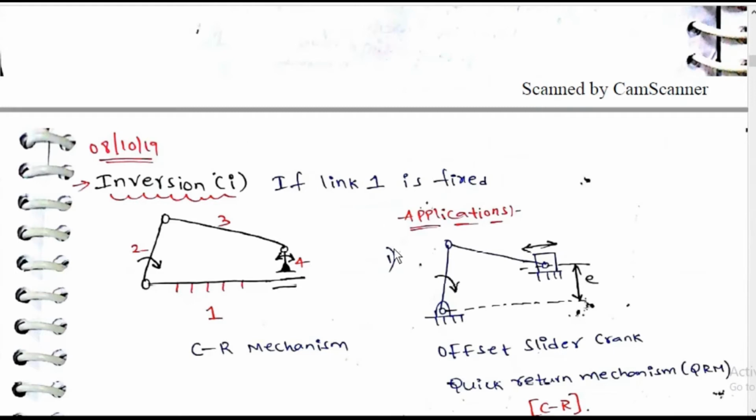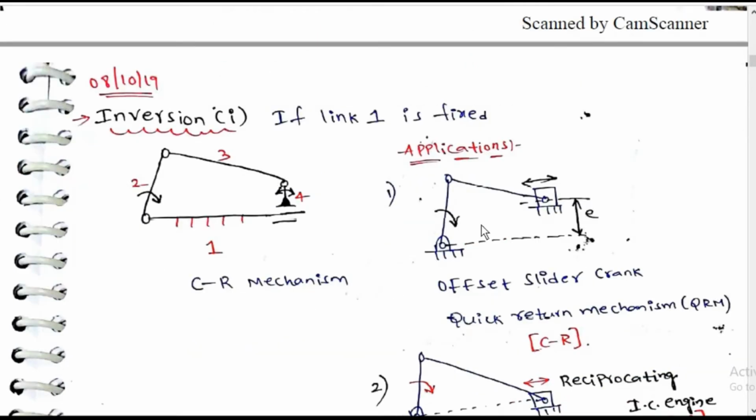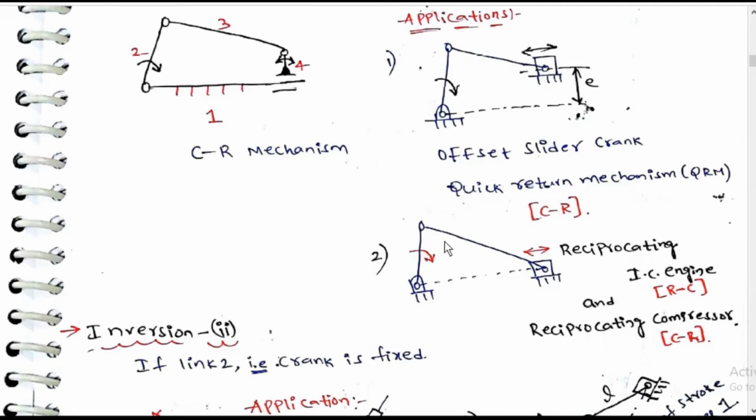Inversion 1: if link 1 is fixed, crank rocker mechanism. Applications: offset slider crank quick return mechanism, QRM crank rocker, reciprocating IC engine, rocker, and reciprocating compressor.